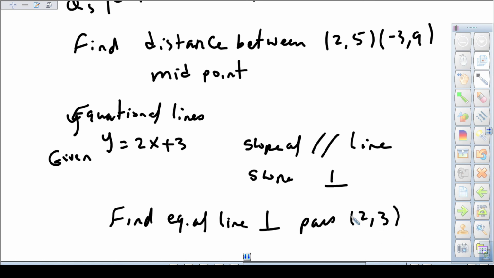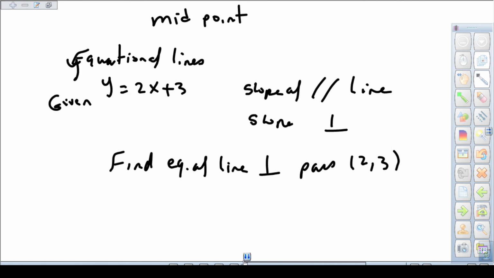So does anybody recall what exactly that formula is called? If I gave you these two pieces of information, a point and a slope, that's it, point-slope. You have a point and then you have a slope.